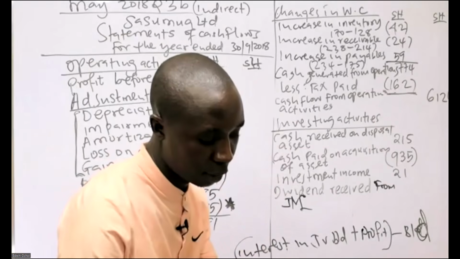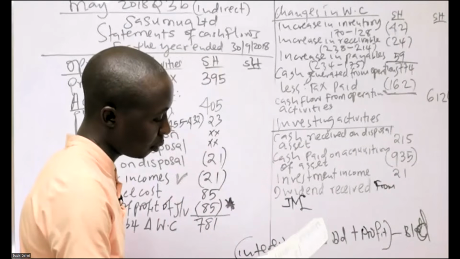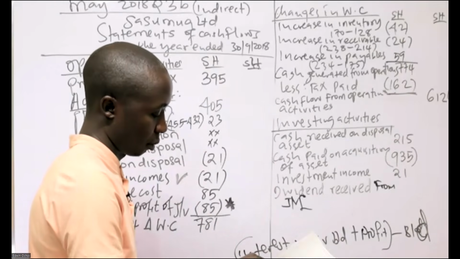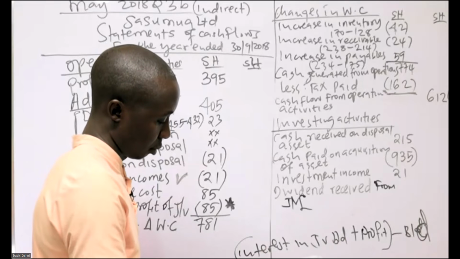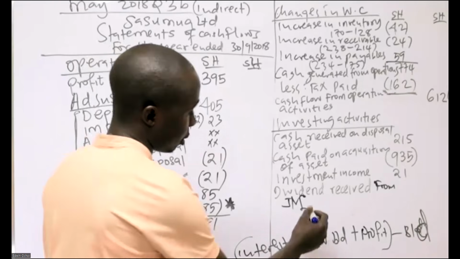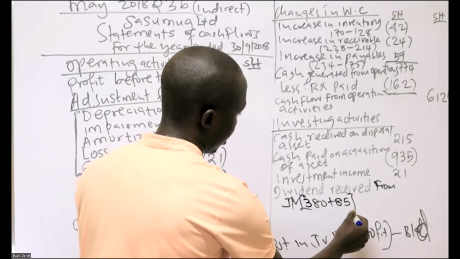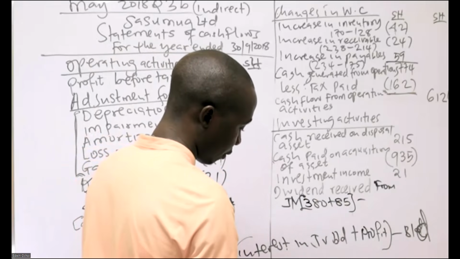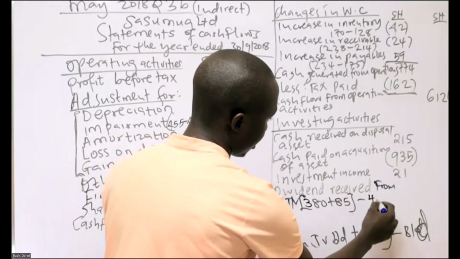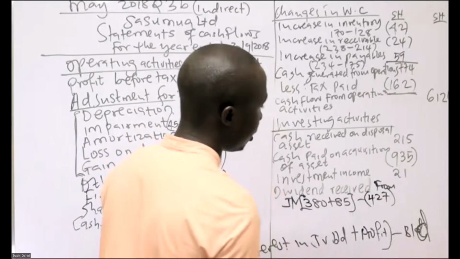So the interest in joint venture, the balance brought down is 380 plus 85. You compare with the balance carried down of 427. What's the dividend received?